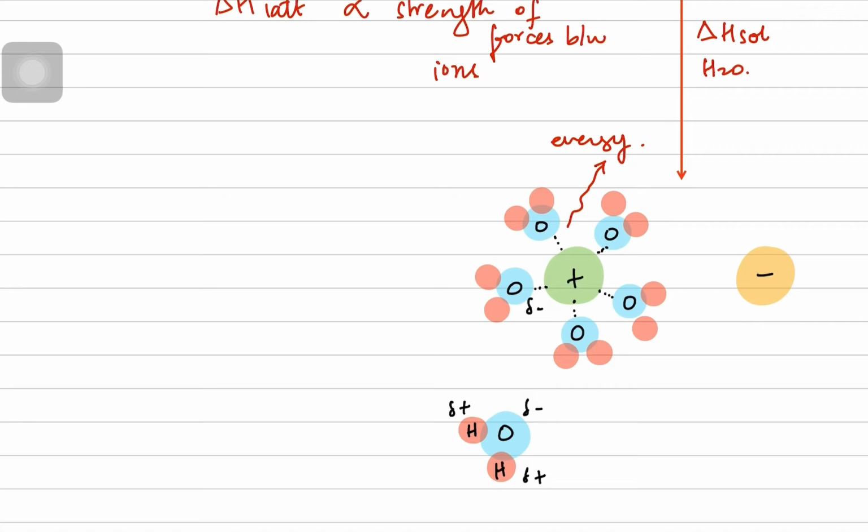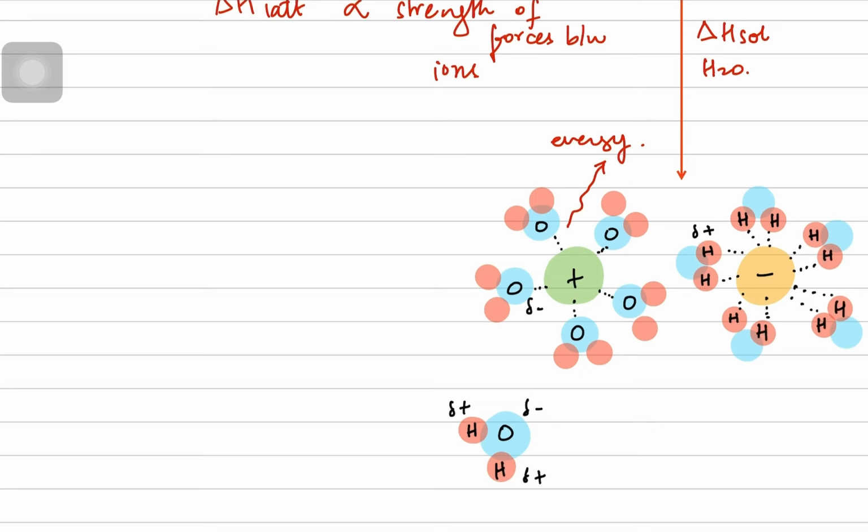There are attractive forces between the dipole of the water and our cation. Similarly, the negative ion is attracted also by the water molecule, but this time it is attracted by the hydrogen atoms of the water molecule, like this. The hydrogen atoms, which are partially positive, attract our anion, and as a result of the attraction between the partial positive hydrogen and our negative ion, these attractive forces also behave exothermically, so energy is released from here also.